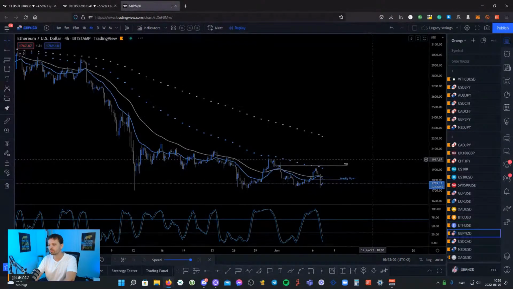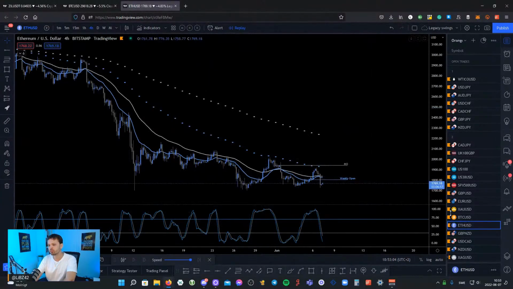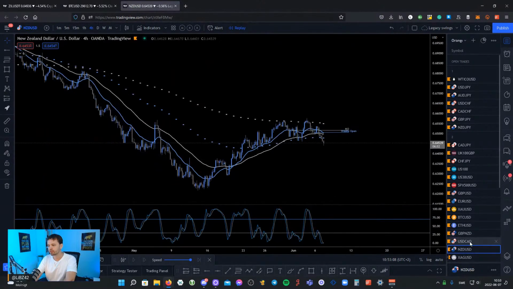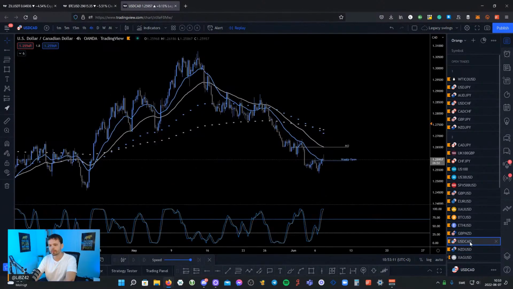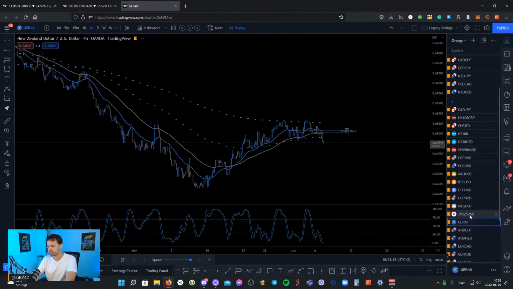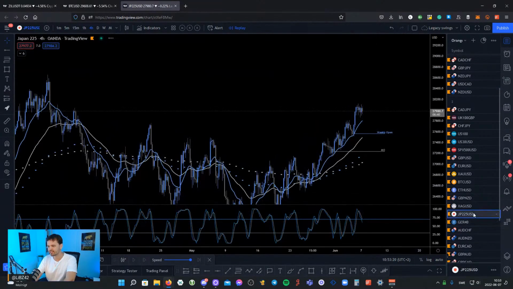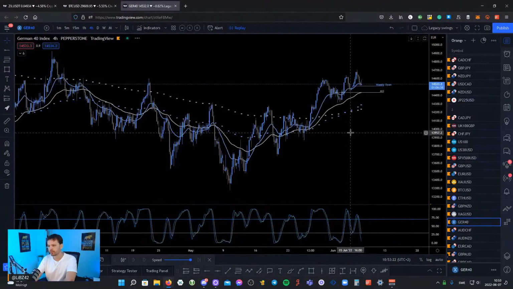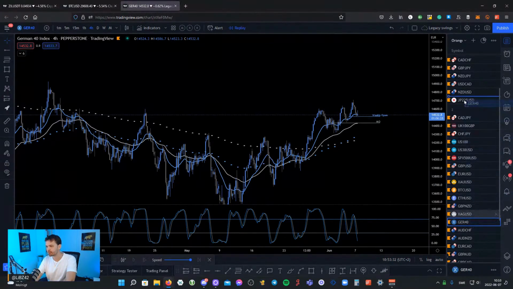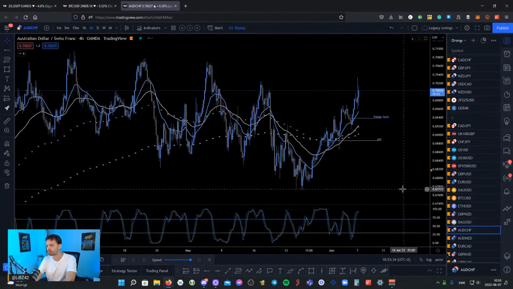Bitcoin, nothing. Ethereum is nothing. Well, Ethereum is in a more clear downtrend than Bitcoin. GBP NZD, nothing here. USD CAD is a 1. NZD USD is also a 1. Silver is ranging. This is a 1. Got the DAX, perhaps a 1 actually, depending on how this 4-hour candle closes.